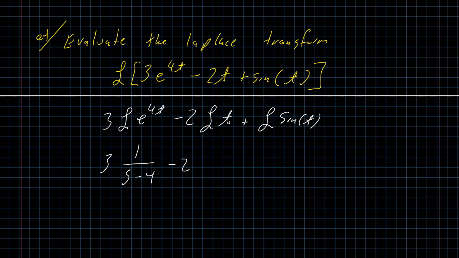The Laplace transform of t is 1 over s squared, and the Laplace transform of sine of t, k is 1 in this case, so we get 1 over s squared plus 1. We will see that it's going to be worth it in the future going through the algebra and rewriting this as a single rational function. But for my purposes right now, that's good enough.